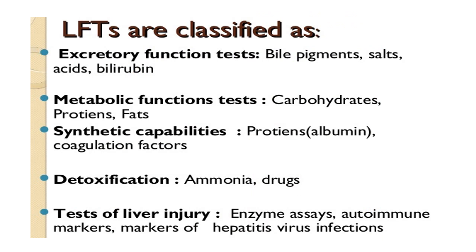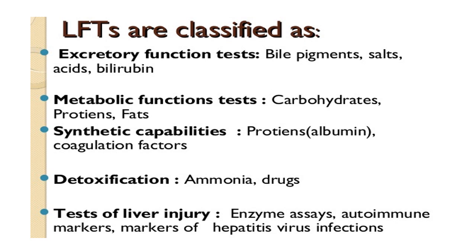So coming to the liver function tests, these are classified as excretory function. For example, what do we excrete? We excrete bile pigments, bile salts, acids, bilirubin. Metabolic functions are, the liver deals with carbohydrates, proteins, fats, either for storage or for utilization. Synthetic capabilities, like what is it forming?